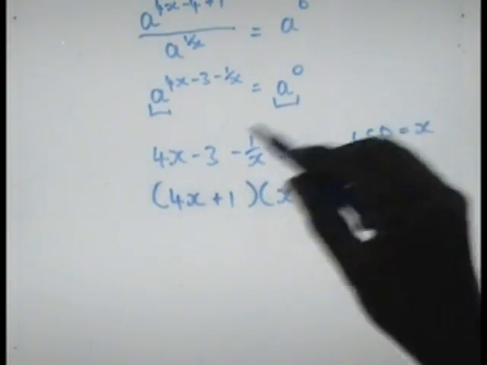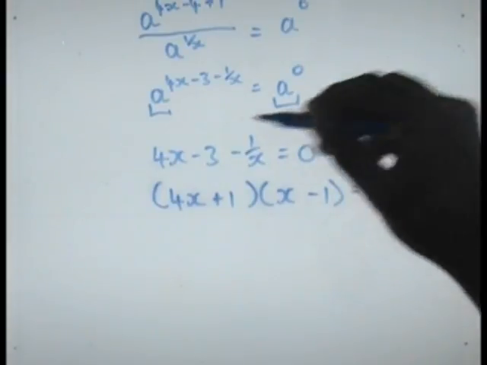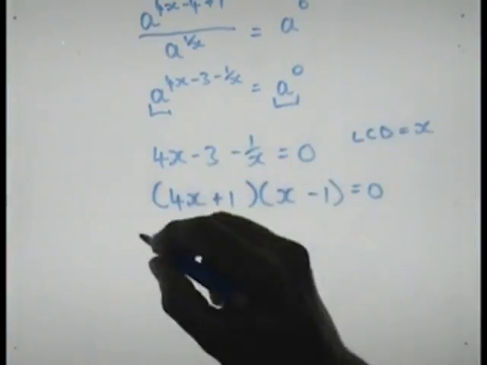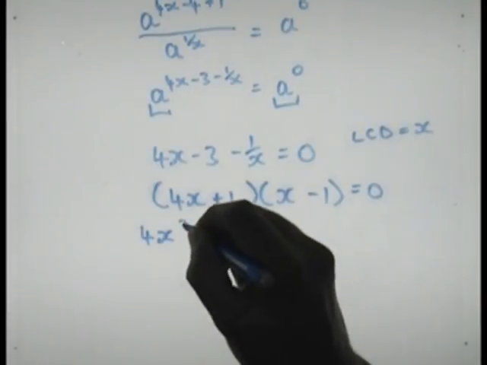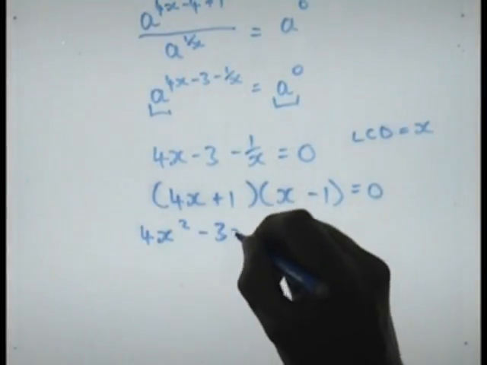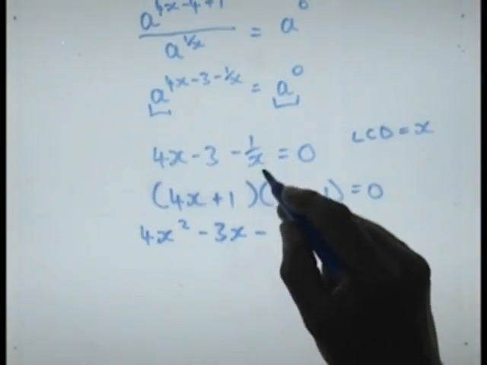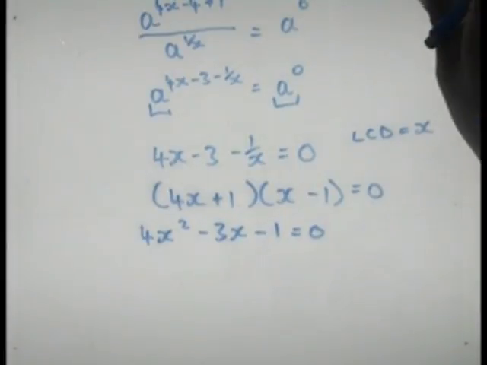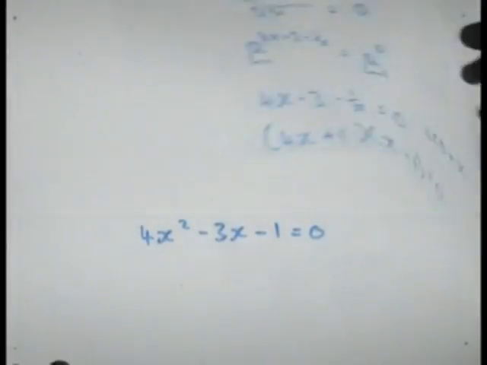So I'm going to multiply each term by x. Let's write this out here: it's going to become 4x squared minus 3x minus 1 over x times x, which is just minus 1, is equal to 0.